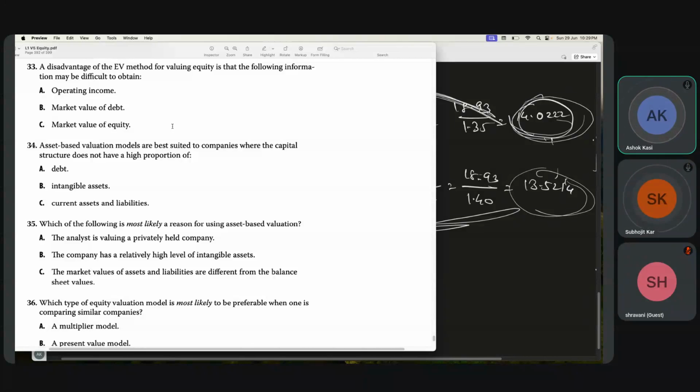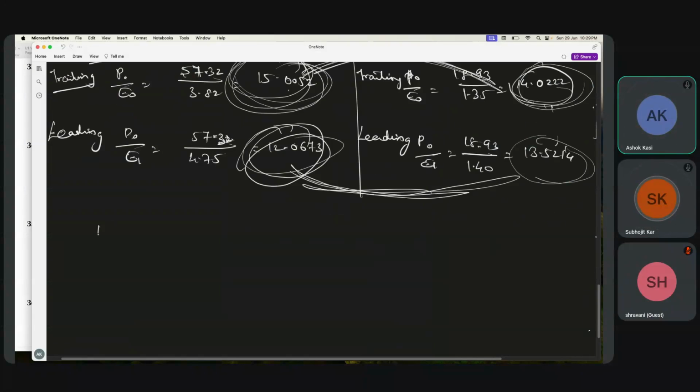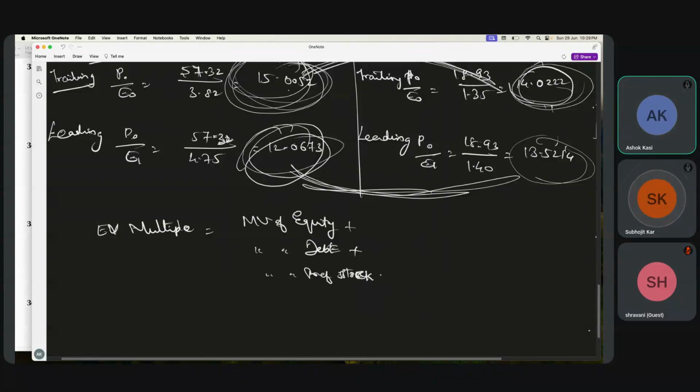Okay, point B. See, what is the formula for EV? Enterprise value multiple is equal to market value of equity plus market value of debt plus market value of preferred stock, minus cash and marketable securities, divided by EBITDA. This is the formula.